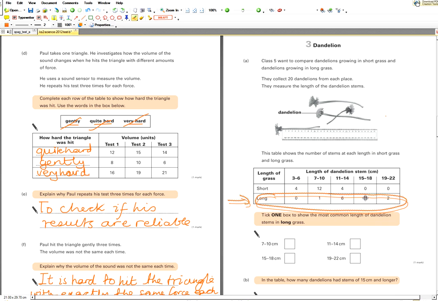Why? Because how many were in there? 11. So this one here, 15 to 18, had the highest number of dandelions in that group. So the answer will be 15 to 18.